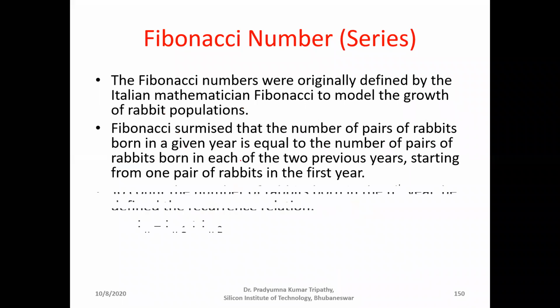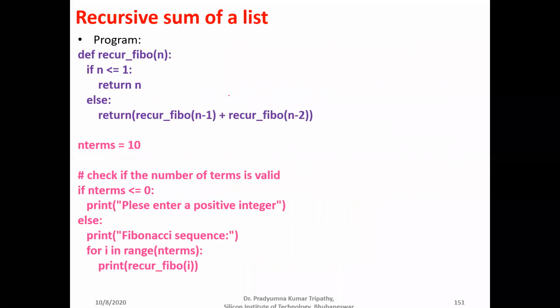Similarly, you can go for the Fibonacci series. You know this already. This is the Fibonacci series program for however many terms you want. If n is less than 1, return n. Otherwise, it's a recursion of n minus 1 and n minus 2. I hope you know this already.